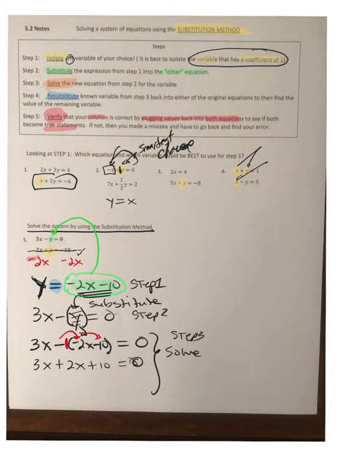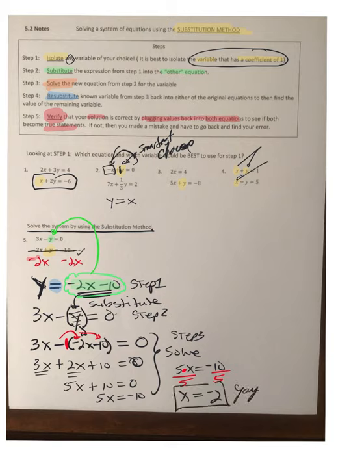And I'm going to combine like terms. So 3x and 2x is 5x. I'm going to subtract 10 from both sides. And then I'm going to divide. So I'm running out of room. So I'm going to divide by 5 because I'm undoing multiplication. So I'm undoing multiplication by division. So that gives me x equals -2.